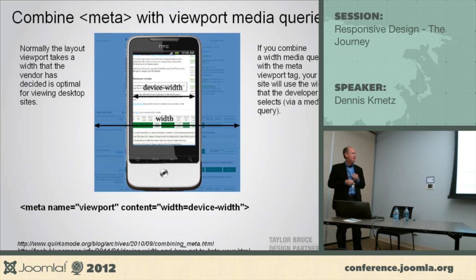The way to get around that is with this meta statement for the viewport, where you set the width to be the device width, and then the width statements that you use in your CSS will work for the iPhones and other vendors that do a similar thing. So if you find out that your CSS breakpoints aren't working on iPhones, remember the meta tag. Common media queries: you can Google these. There's plenty of information out there.